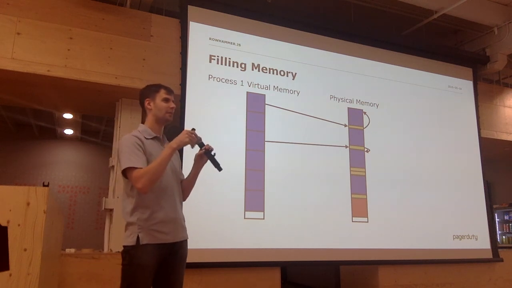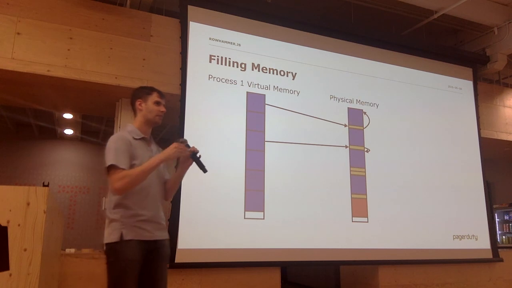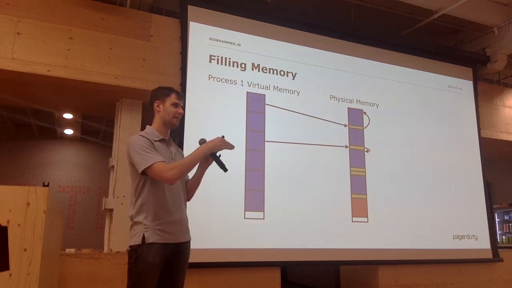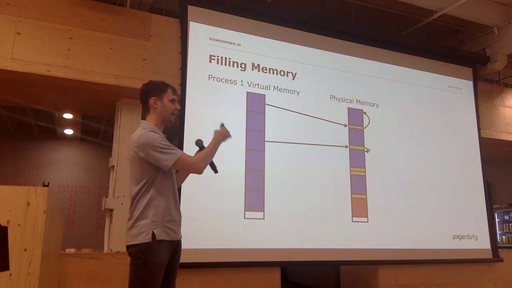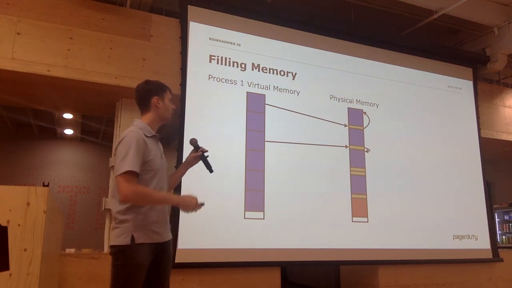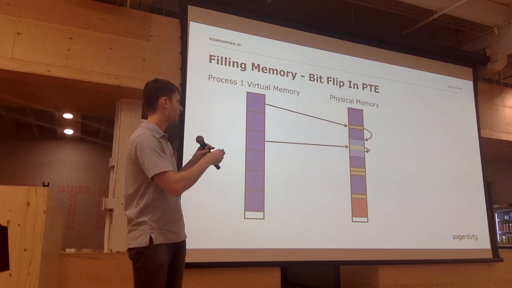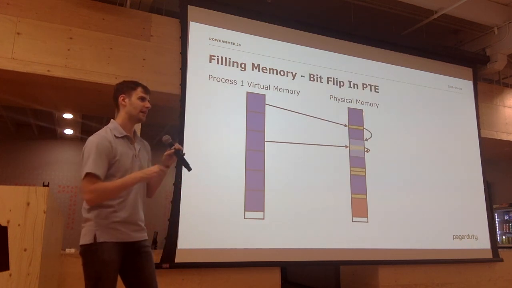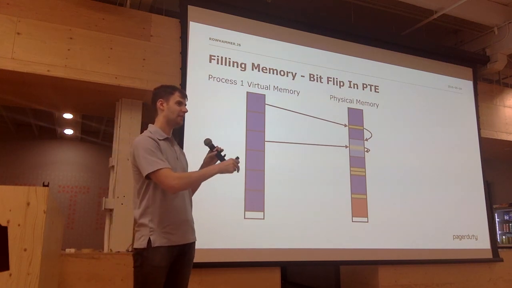Because remember that we can only flip bits in adjacent memory, not just random memory anywhere in the address space. But if we do have some that are adjacent to a page table entry, we can Rowhammer one of these. If we get lucky, we'll get a bit flip in the physical address portion of the page table entry.